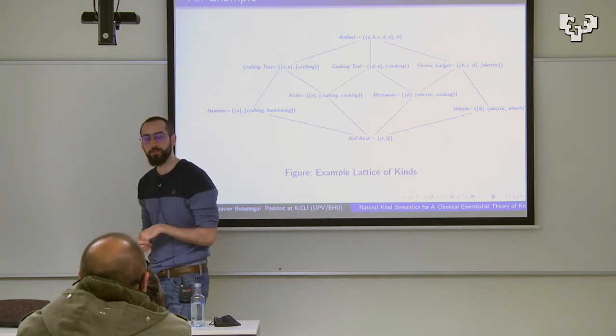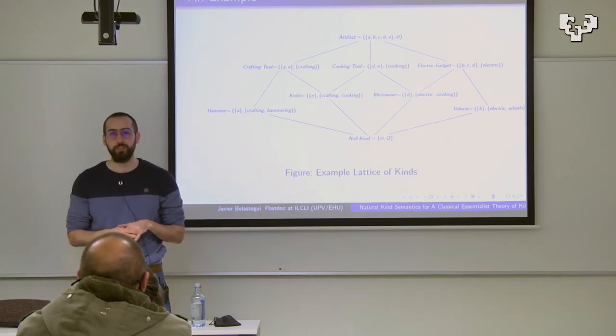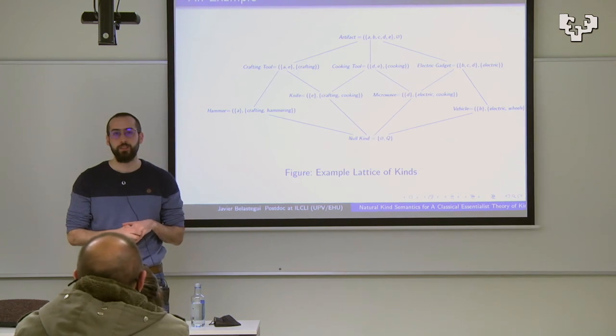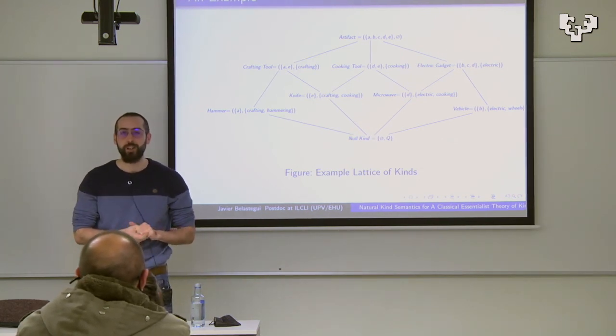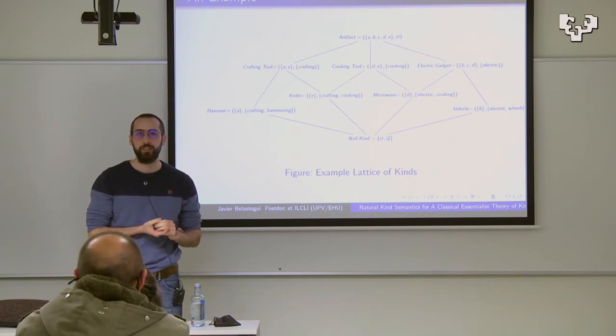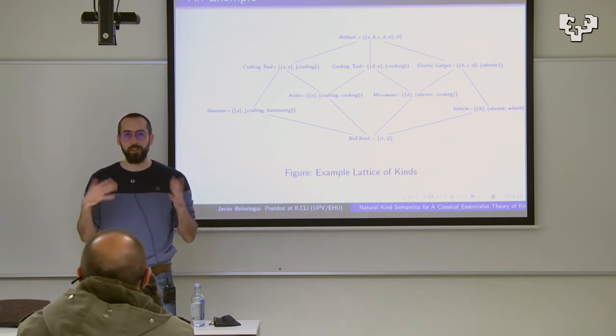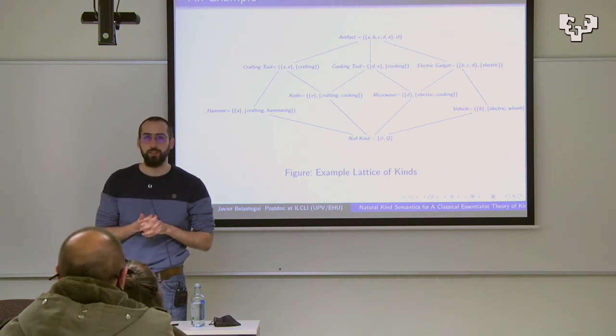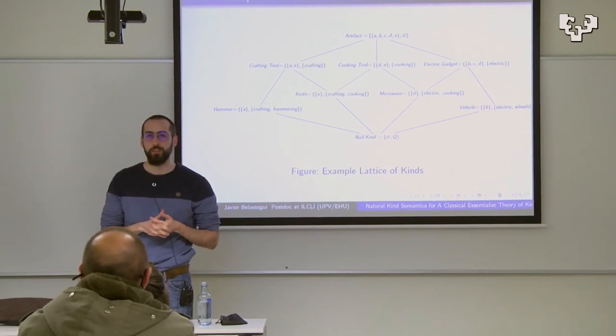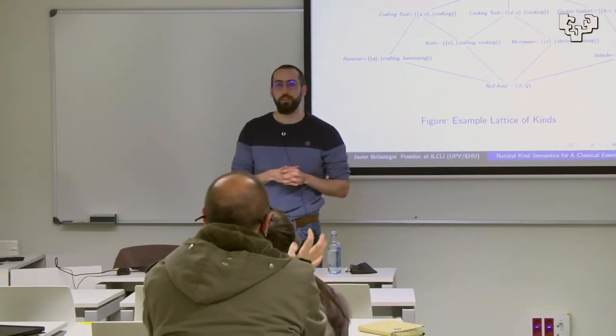And why can't you have an element in the domain which is not a member of any kind? Do you want that? In classical predicate logic, in model theory, you can have elements in the domain which are not in the extension of any property. Why can't you have that here?